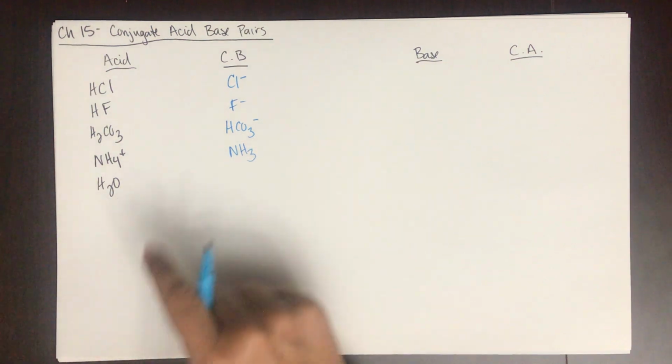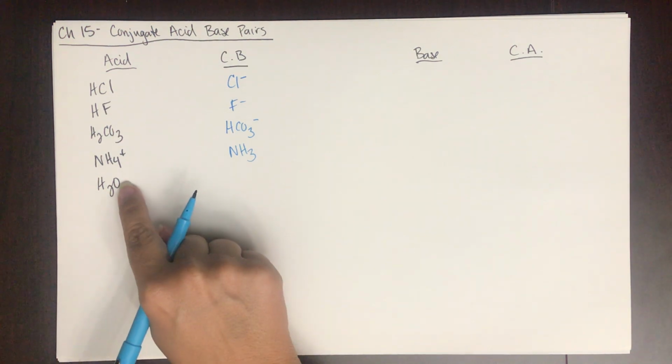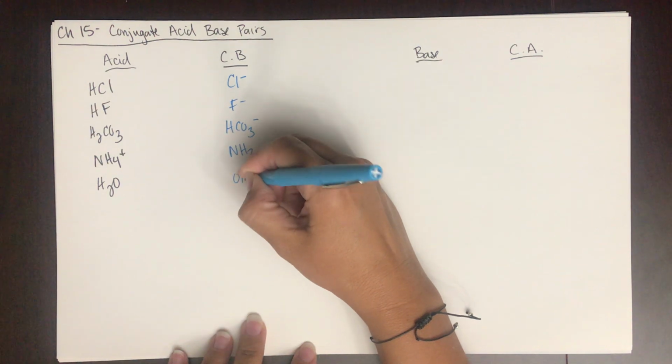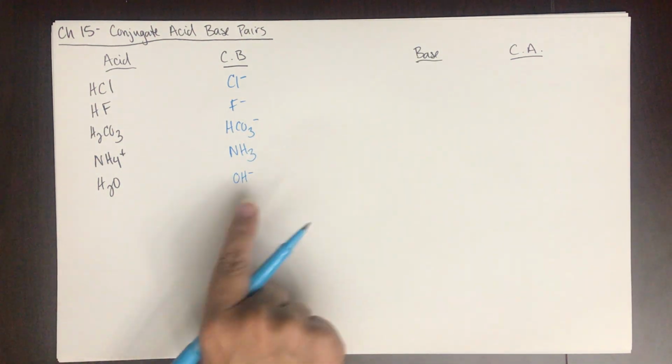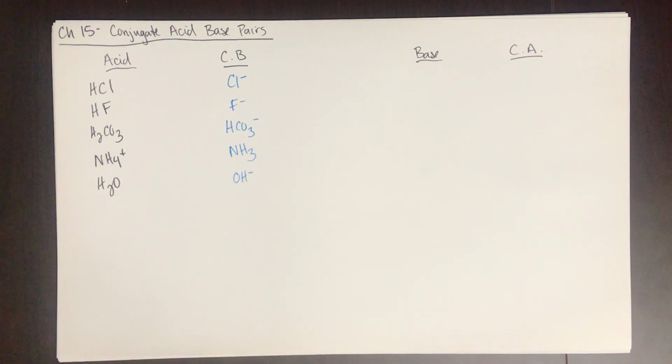Now let's look at water. Water is H2O. And if we lose one hydrogen, now we're going to have just an oxygen and one hydrogen. And the way that we would write that is OH minus. This is the hydroxide ion. The hydroxide ion is the conjugate base of water.